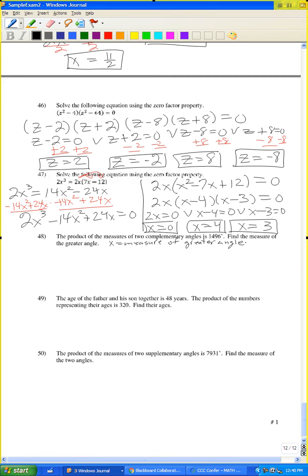Okay, and so the product. So notice that the sum of two complementary angles is 90. So 90 minus x is the measure of the complementary angle.